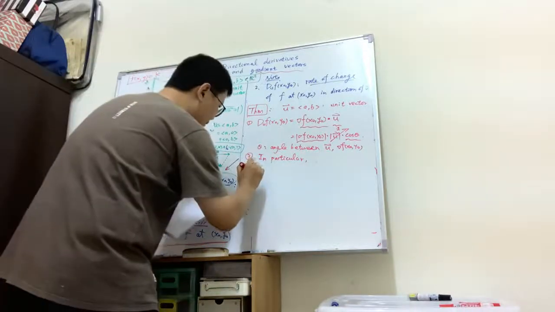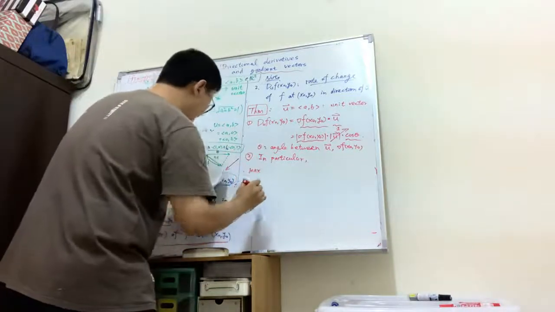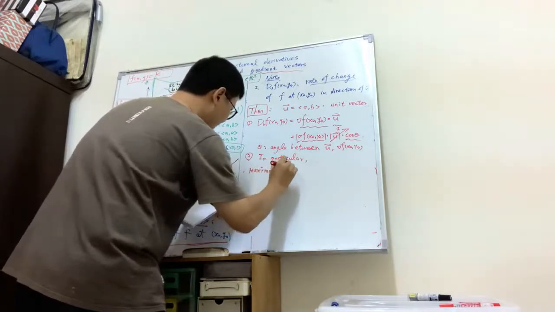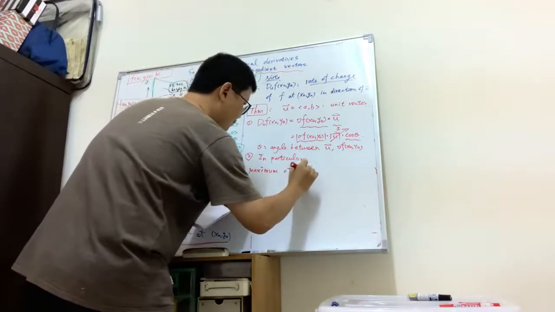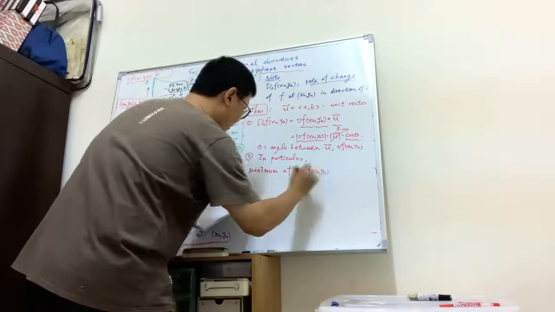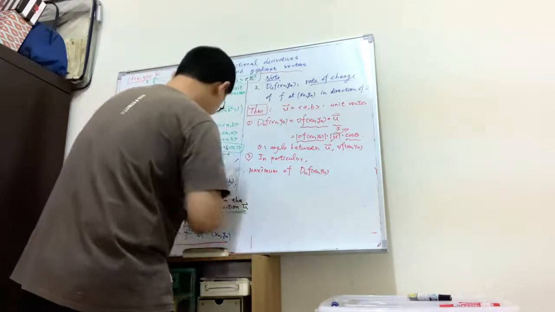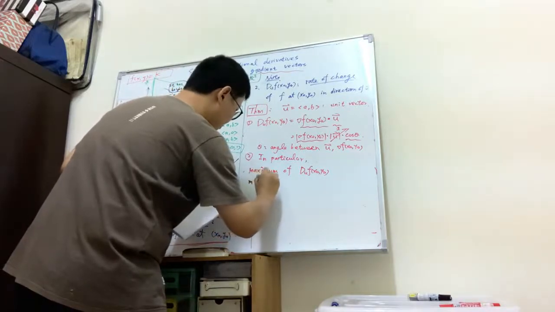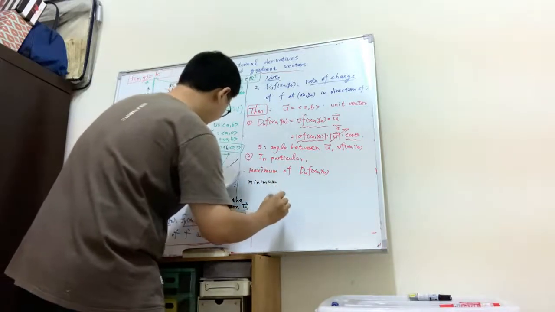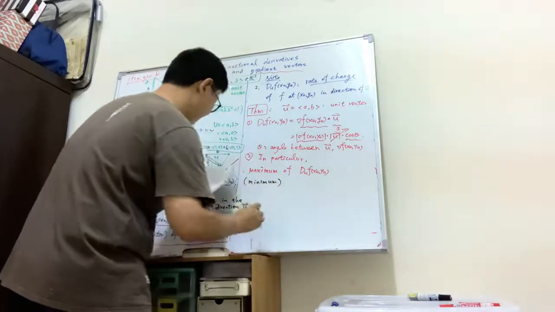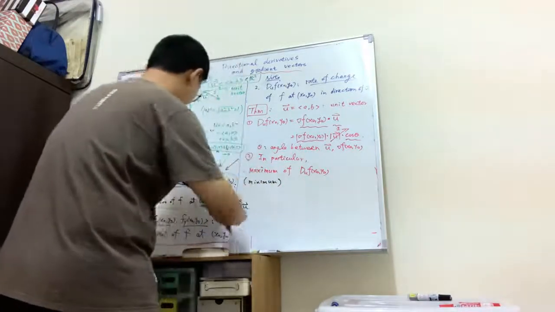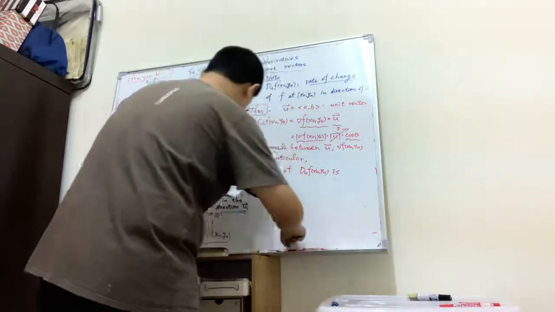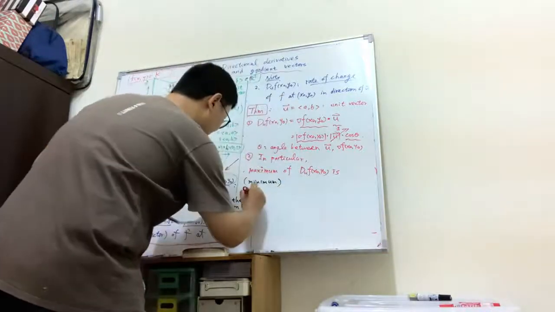What's the maximum of the directional derivative? And what's the minimum? And where does it occur?